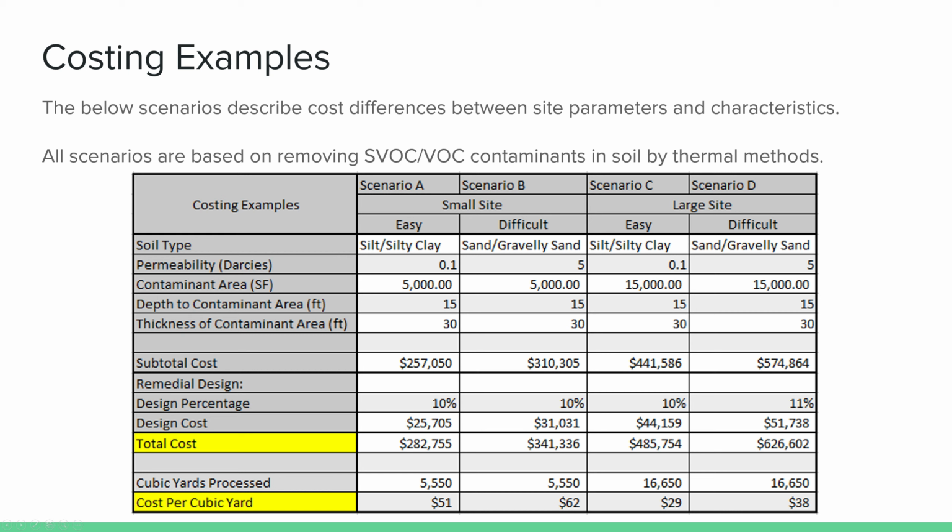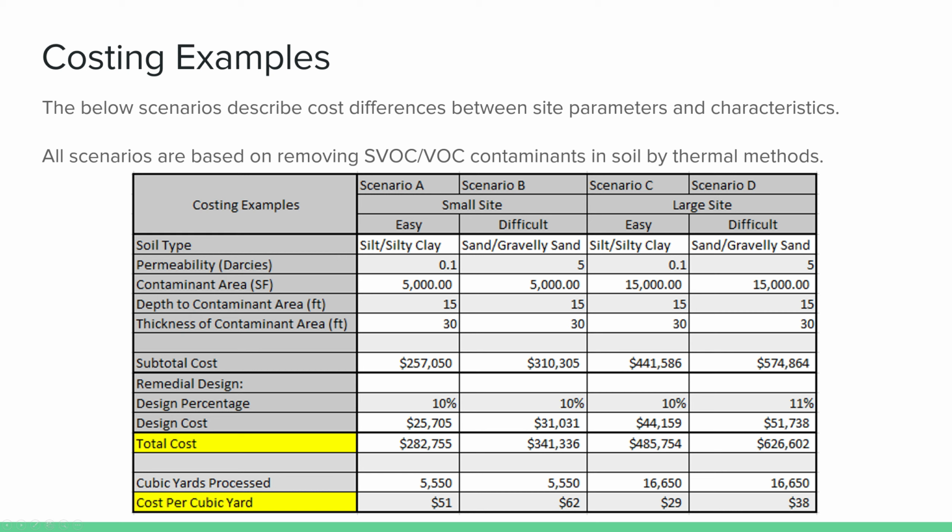A small easy site tends to be roughly $51 a yard based on removing 5,550 cubic yards of contaminants, or processing 5,550 yards of soil. While the large easy site only costs $29 per cubic yard, and that is processing 16,650 cubic yards of soil.